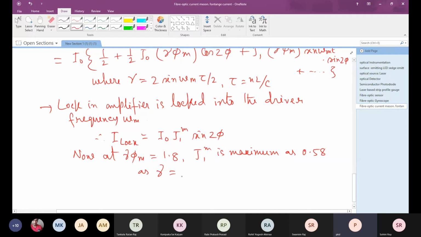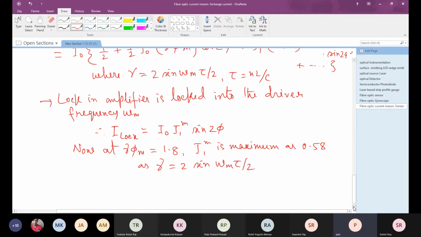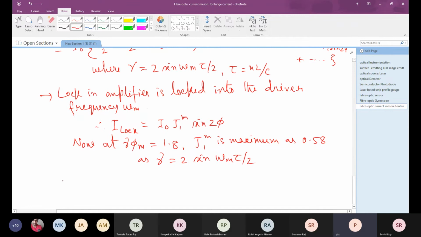As this eta is equal to 2 sine of omega m tau by 2, this can be achieved by fixing an appropriate length of the fiber of the coil.